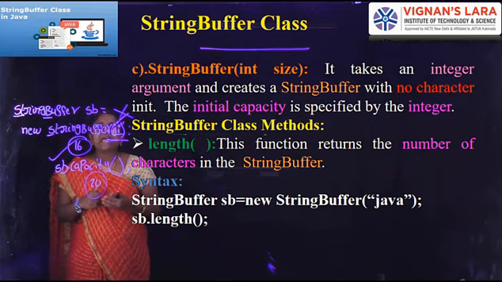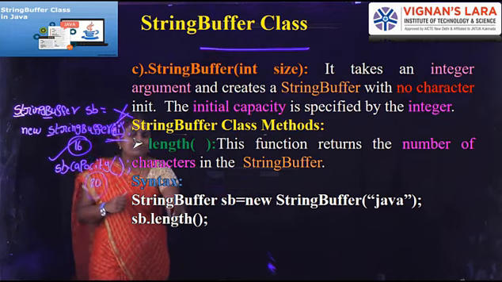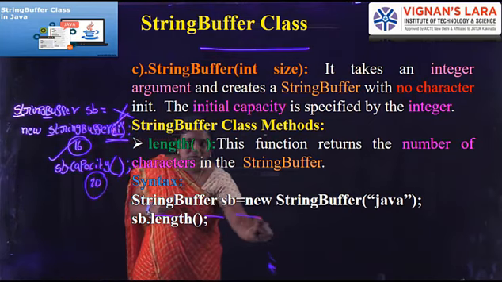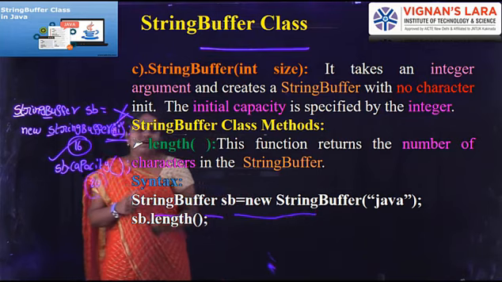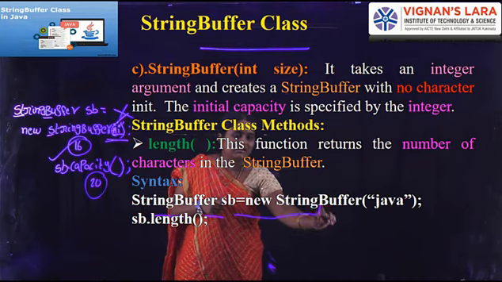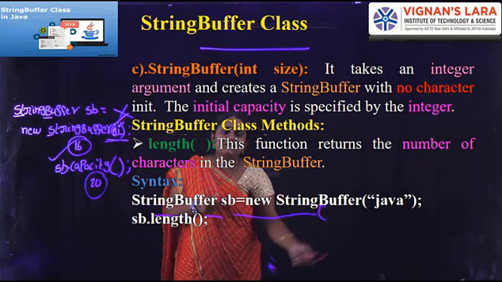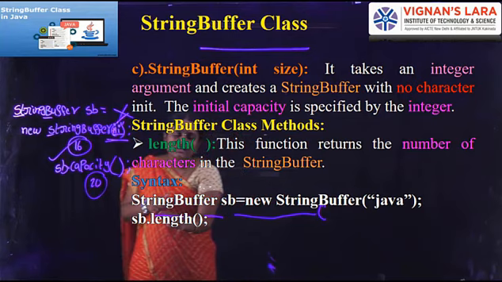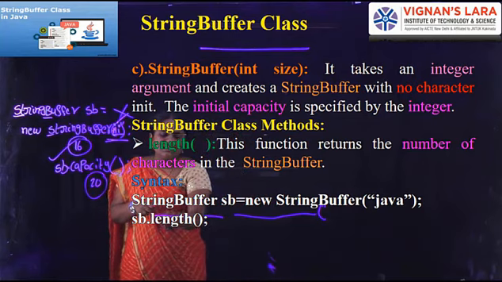What is the syntax? Here I am creating an object of the StringBuffer class: StringBuffer sb = new StringBuffer("Java"). Here I am passing one text, that is Java, by calling the constructor that accepts a string. Here StringBuffer is the class, and with respect to the class we can create an object, sb.